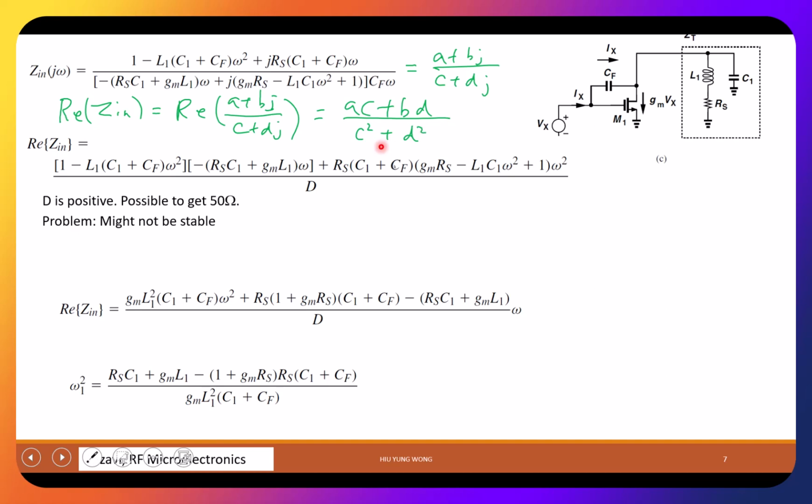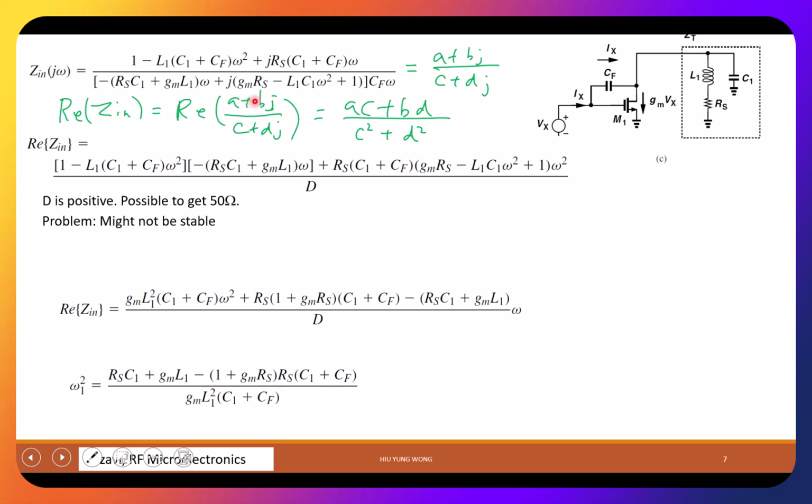And again, there's no shortcut. It's just a very troublesome analytical equation, right? In order to get rid of the denominator's imaginary part, you multiply by C minus Dj. C plus Dj times C minus Dj gives you C squared plus D squared, right?